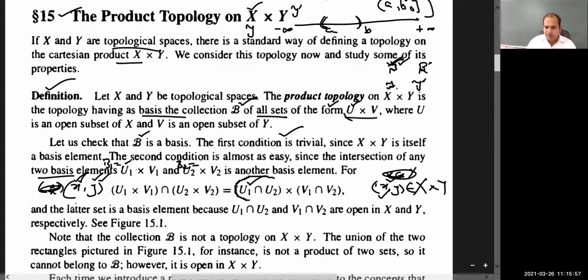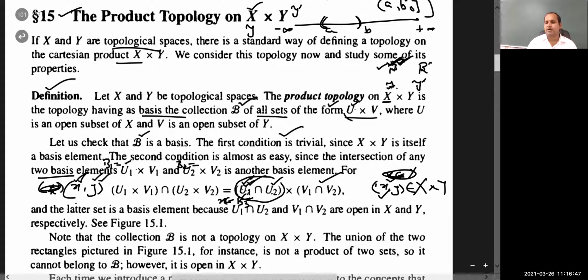Now you can see here that U1 is a basis member of the basis B generating topology T, and U2 is also a basis member from this B generating topology T. So the finite intersection of open sets is open, and within this U1 intersection U2, since B is a basis, for all those open basis members containing x, using the definition of basis B, I always have some B3 containing x and contained in U1 intersection U2.